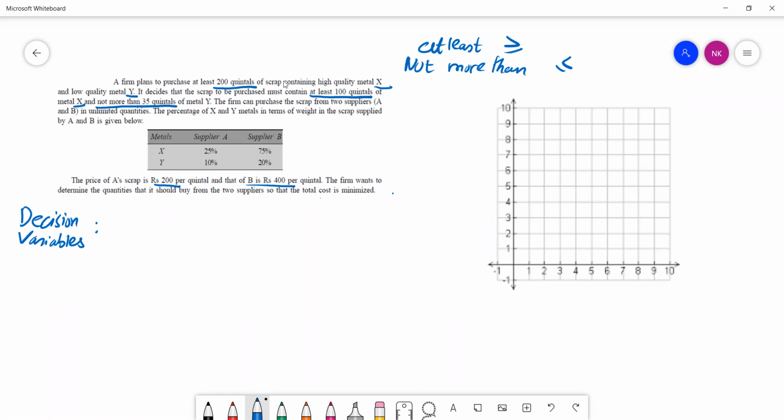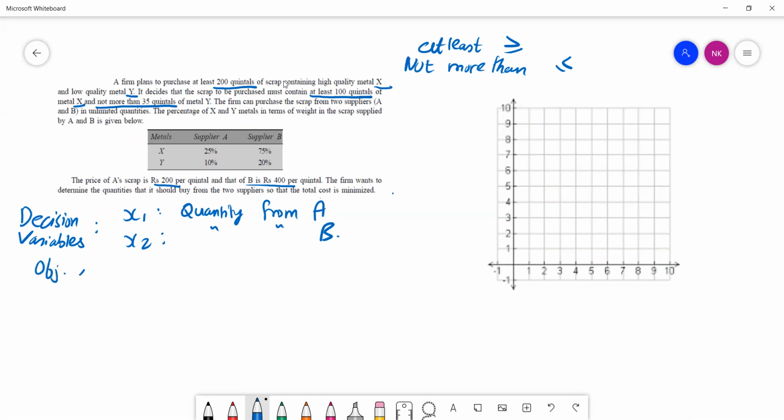Okay, what is X1 and what is X2? Sir, the quantity of scrap bought from supplier A is X1, and similarly, from supplier B it will be X2. Correct. So the quantity being bought from supplier A is X1 and that from B is X2. These are our decision variables.